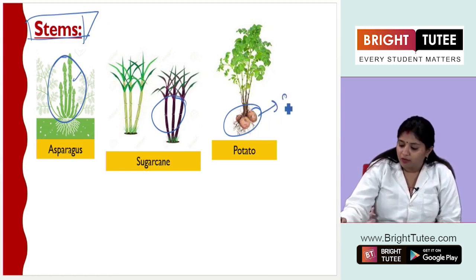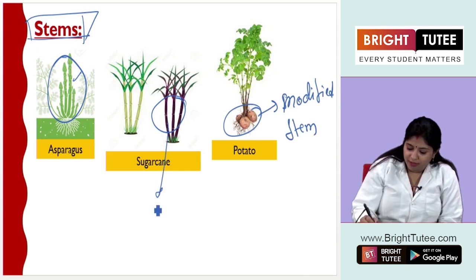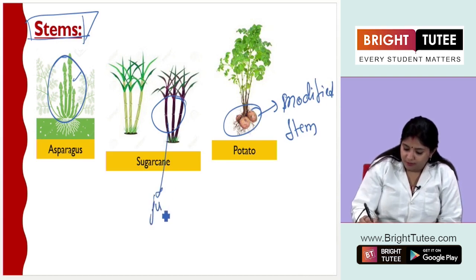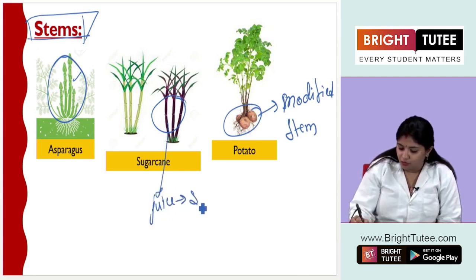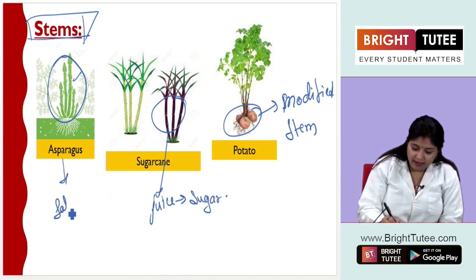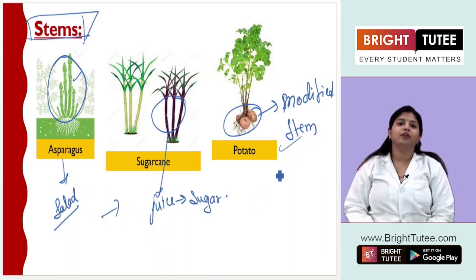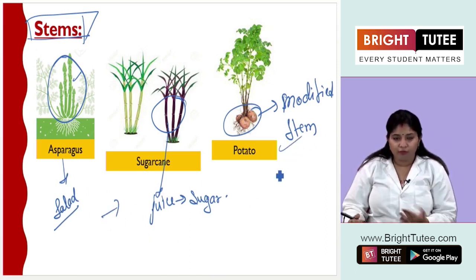The potato is a modified stem, right, which is again used as food. From the sugar cane we obtain juice which is converted into sugar. And asparagus we use as salad. And so on, we use different kinds of stems of plants for our food.